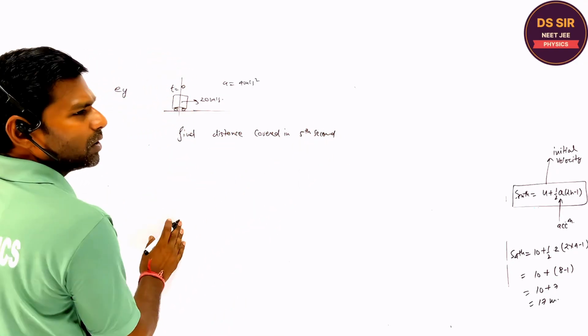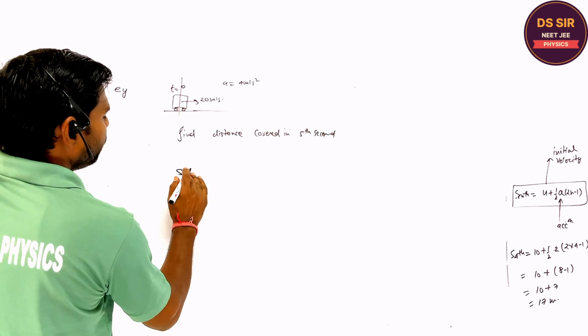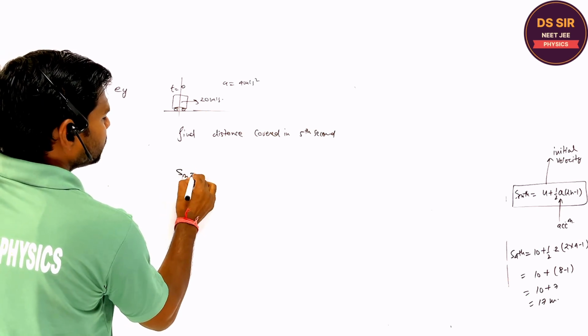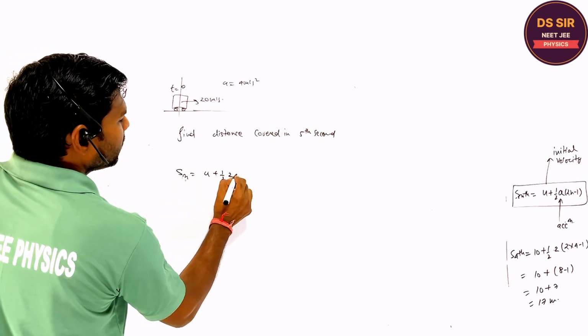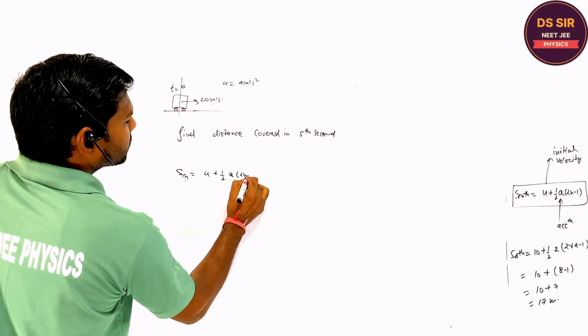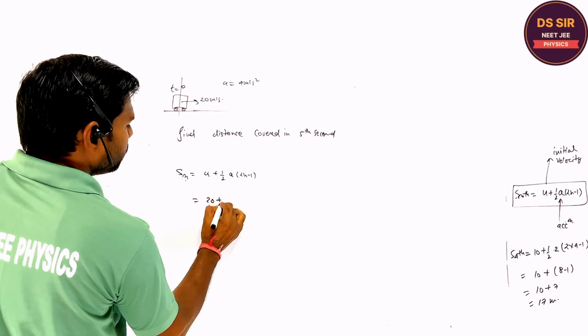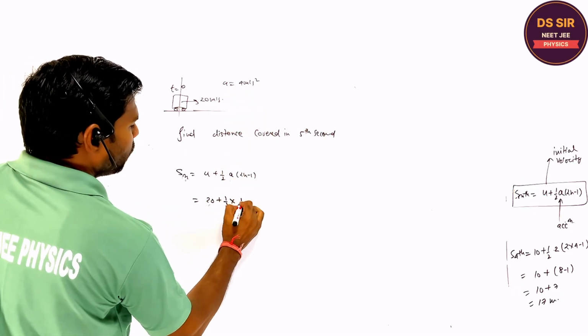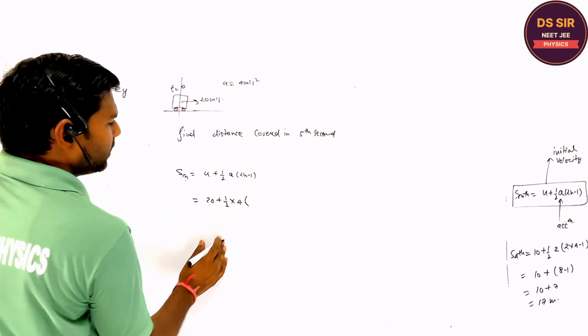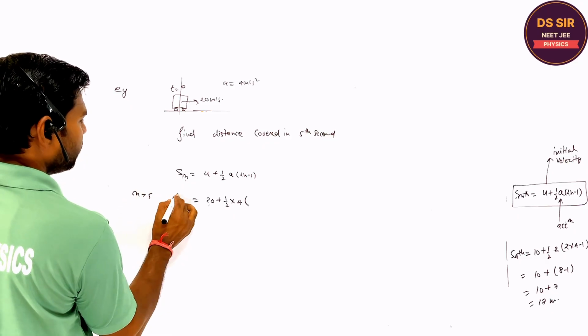So directly you can apply the formula. How? S nth is equal to u plus half a 2n minus 1. So u is 20 plus half, the acceleration is 4, and n is the 5th.